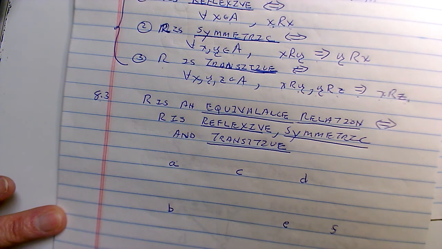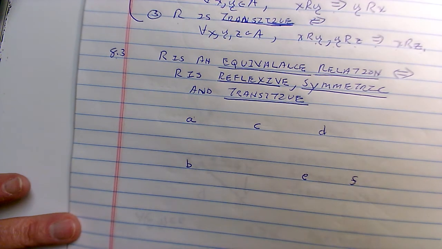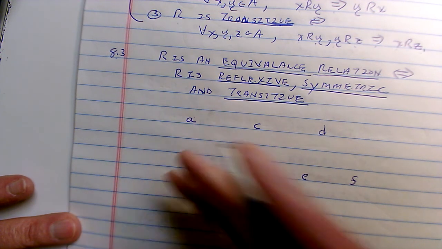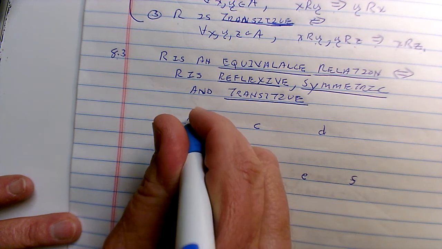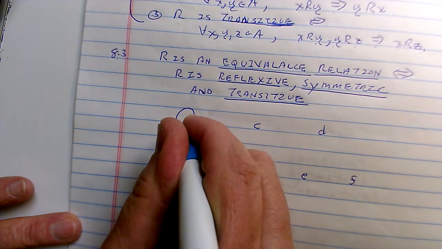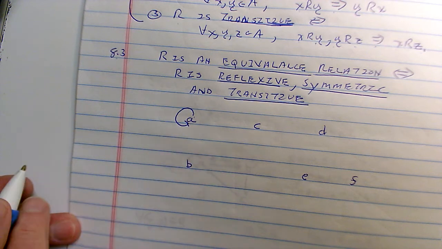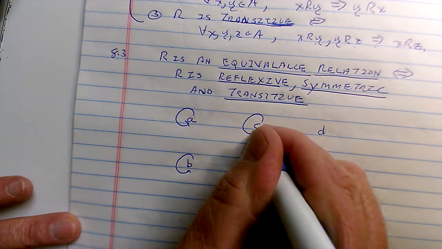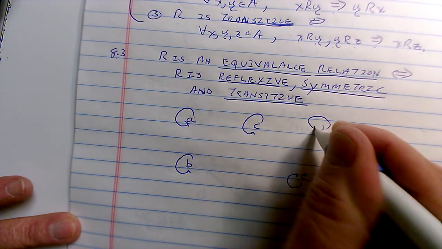Now let's see what these things translate into when you look at the directed graph of a relation. Here I've got elements A, B, C, D, E, and F. Right now I have no ordered pairs where anything is associated with anything else. If I make A relate to A, I would draw an arrow this way, and that says A relates to A. If every one of these elements related to themselves, we would have a circle coming back on each one.